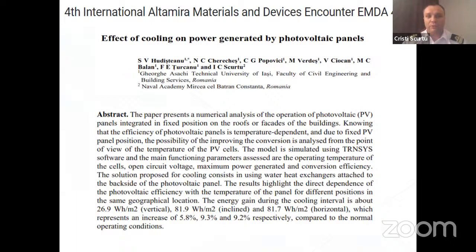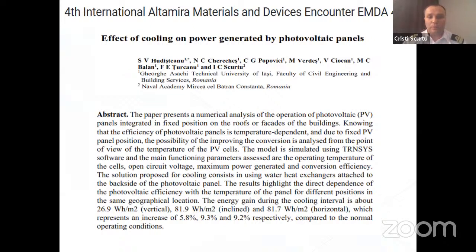Knowing that the efficiency of photovoltaic panels is temperature dependent, and due to their fixed position, the conversion of light into electrical energy changes with temperature. So we designed and discussed a few things related to cooling of these panels fixed on roofs or facades of buildings.